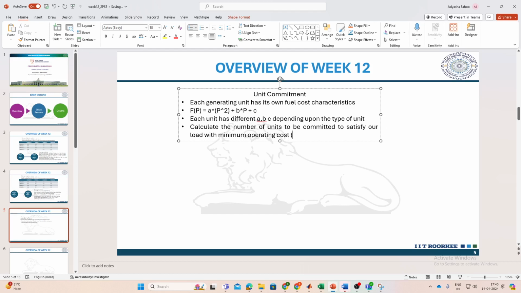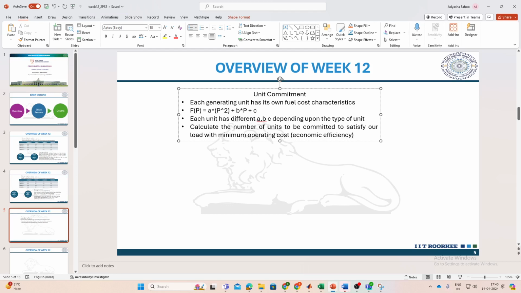So here what we are trying to basically achieve is economic efficiency. So let's say you want to satisfy 10 megawatt of load and you have three generators. So you will decide which generators you need to switch on depending upon their cost characteristics, such that the cost incurred is minimum.